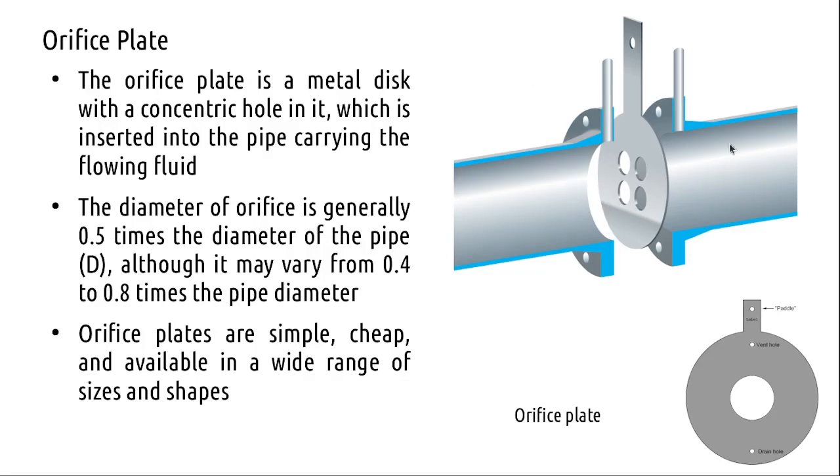So if you measure the differential pressure across these two and correlate it to the flow, in fact a square relationship exists between the differential pressure, that is the pressure between these 2 points, P1 and P2, and the flow. You will be able to make a measurement. That's the basic idea of the Orifice plate for flow measurement.